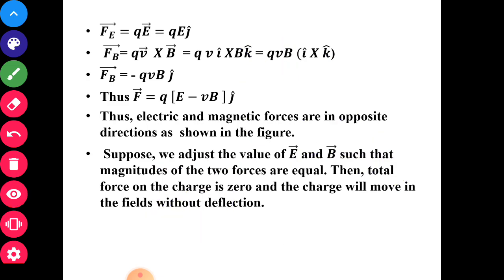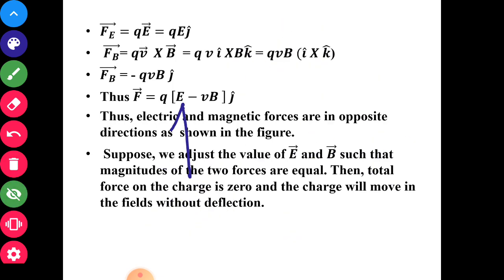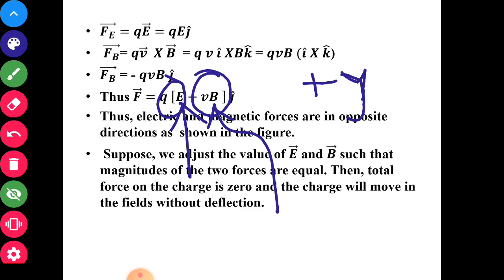If the value of E is more than this value, then the charge would tend to move in positive y direction. And if the value of VB is more than this value of E, then the charge will tend to move in negative y direction.